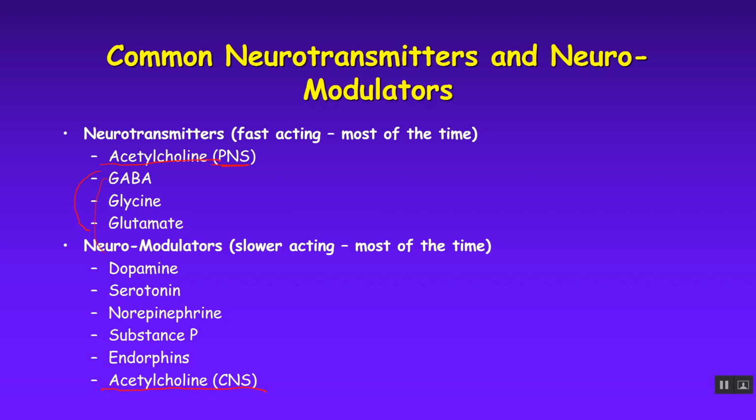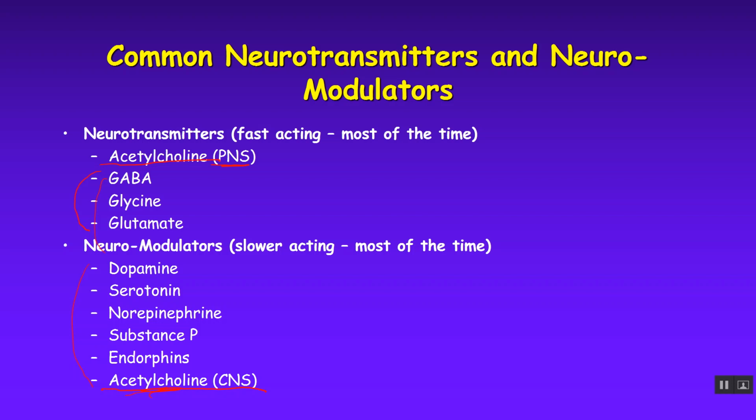Pretty much anything that starts with a G. And as long as you remember acetylcholine is also in the peripheral nervous system, everything else with a G is going to be your neurotransmitter. And the nice part down here is nothing here has a G in it. So everything else is pretty much a neuromodulator. As long as you know that everything with a G is a neurotransmitter, everything else will fall under the classification of a neuromodulator. And then you have acetylcholine here also that is in the CNS.